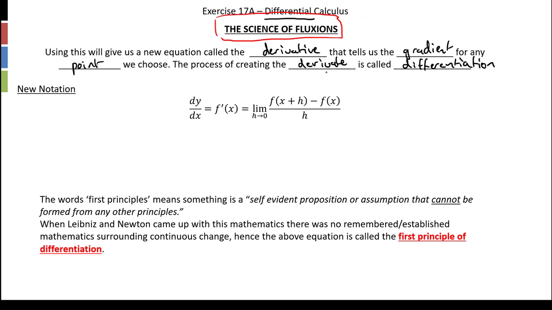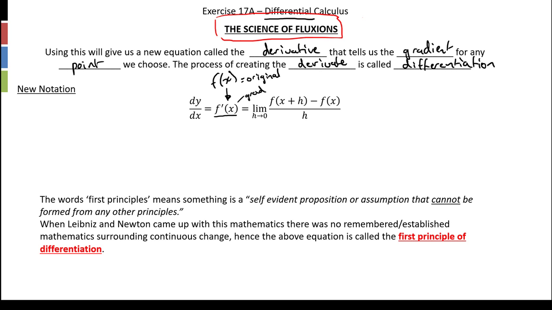Now with this, we're doing some maths. We've got this thing called the derivative, and it tells us a gradient. We need some notation. So we started with some rule, f of x, and we want to know the gradient of it. So we use this notation here, f dash of x. f of x is our original. f dash of x is our gradient function.